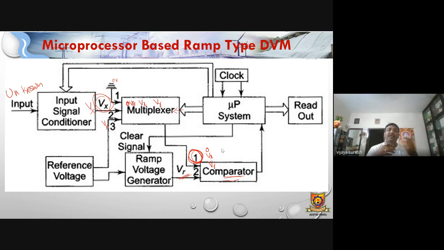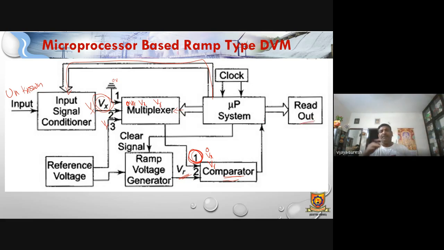The comparator output value is given to the microprocessor system for further processing. There is also a feedback system: the microprocessor system gives feedback to the input, and the values get altered accordingly. Finally we are going to get the reading out.